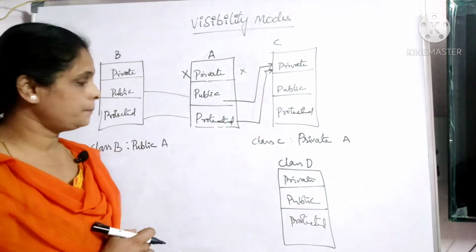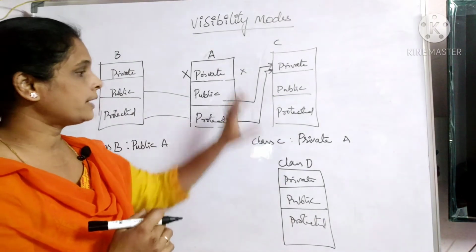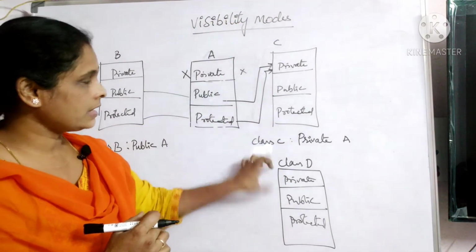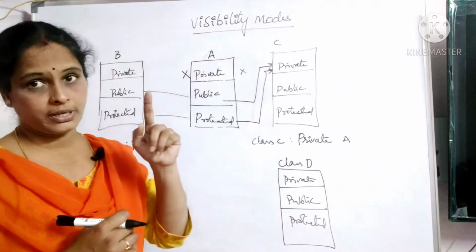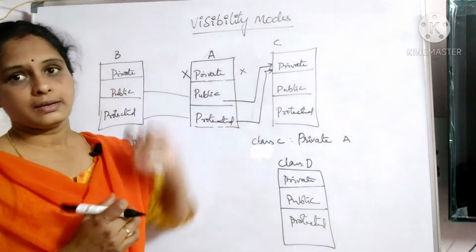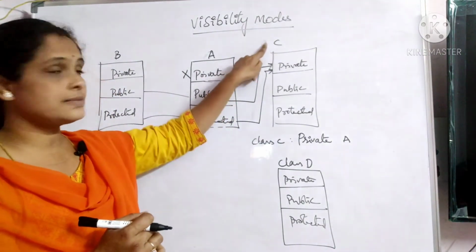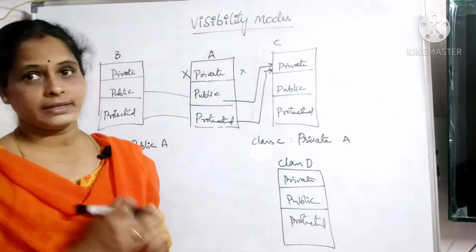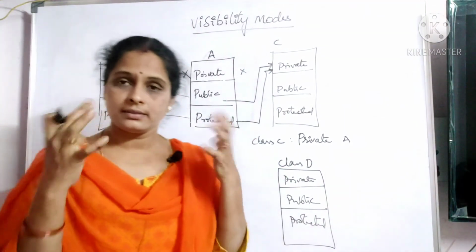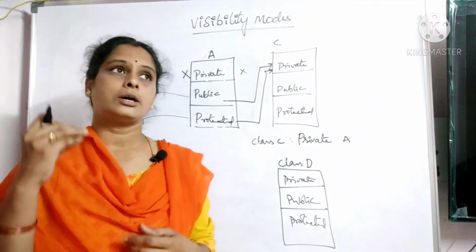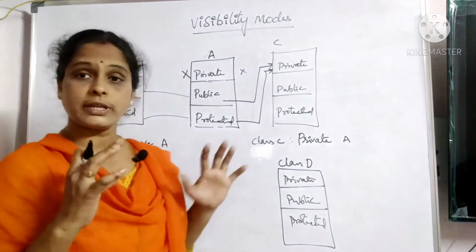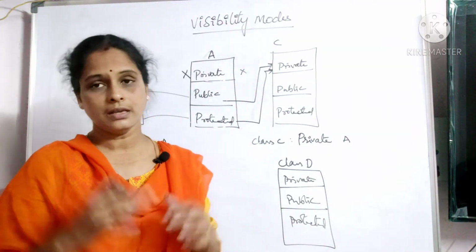Now, I wanted to inherit class D from class C. So, what is the parent class here? C is the parent class and D is the derived class. Now, I wanted this inheritance in protected mode, not private.